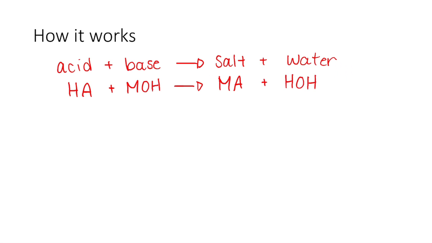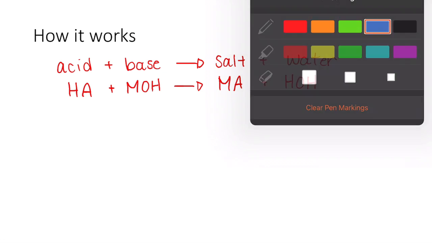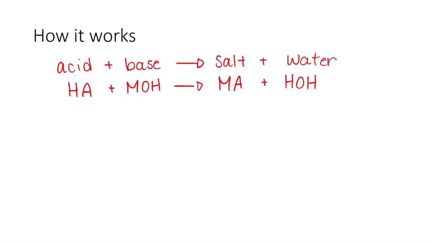So basically if I look here, I'm going to label these in different colors. So my hydrogen pairs up with my OH to form this HOH, which is just H2O.